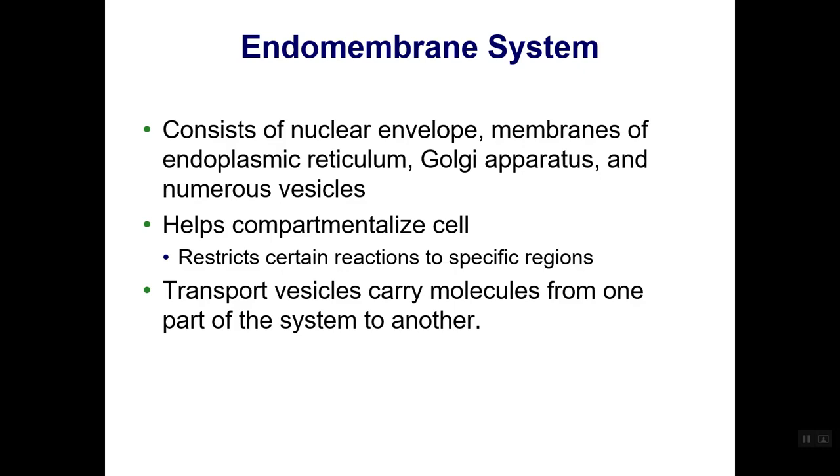Let's see. Ooh, here's a good one, a toolbox. So you put your wrenches in one part of the toolbox, and you put your nuts and bolts in another part, and your drill goes over here. You're compartmentalizing things because certain things go in certain spots. So that's kind of the goal here of our endomembrane system, to help compartmentalize the cell. Certain things need to happen in certain areas.